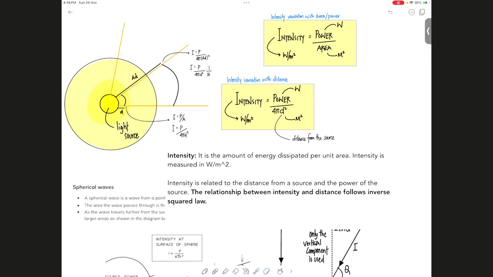So for a student in O level, they wouldn't really understand what intensity would be. That's why they used to say brightness. So that's basically increasing the power.